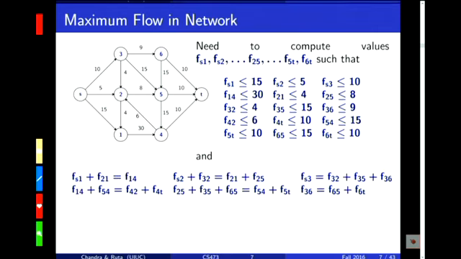So that's the constraint we get for 1: f_s1 plus f_21 should be f_14. What will it be for 2? f_s2 plus f_32 plus f_42, all incoming edges, should equal f_25 plus f_21, two outgoing edges.